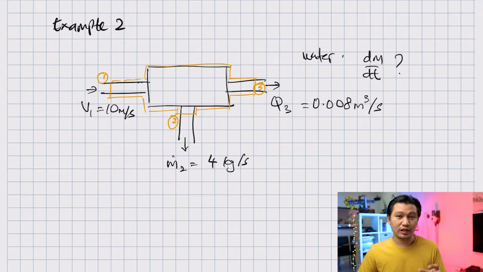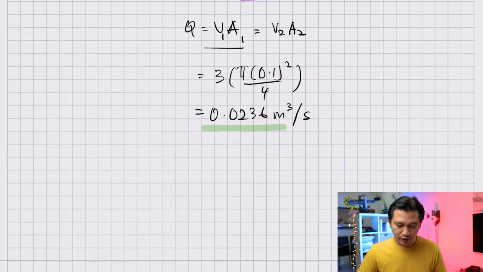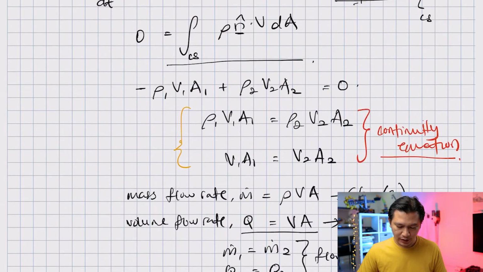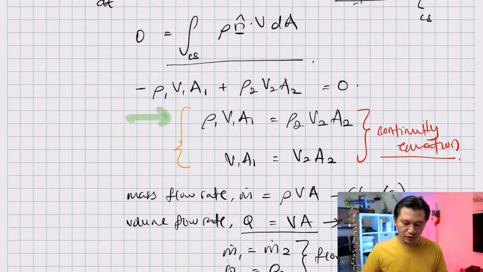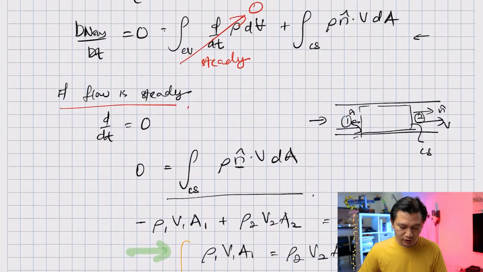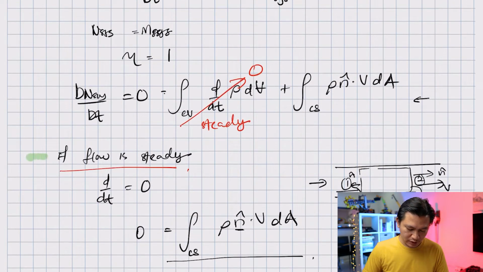Now let's check out our equation for Reynolds Transport Theorem, because if you remember, when we arrived at rho 1 V1 A1 equals rho 2 V2 A2, we already assumed that the flow is steady. But now the flow is not steady, so we can no longer use this equation. So we need to go further. Remember that this is when we cancel out this term.